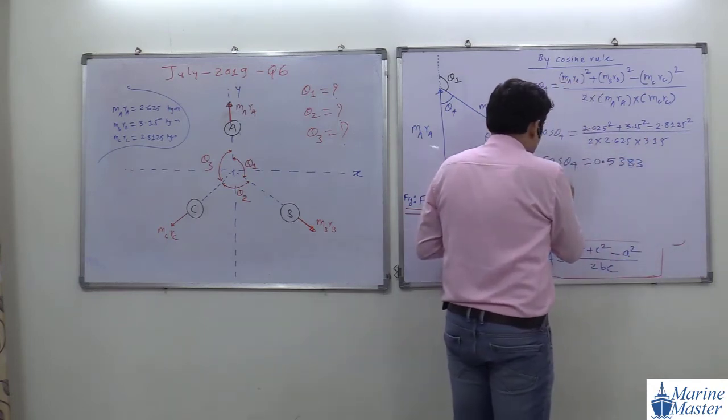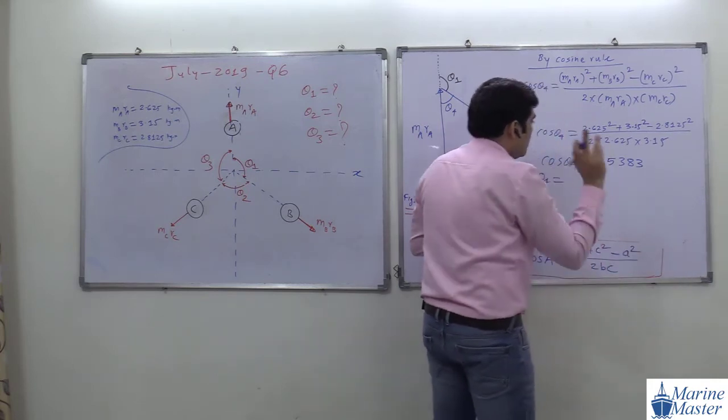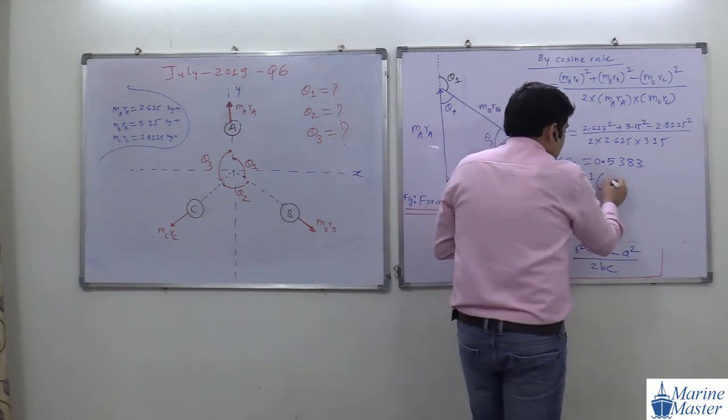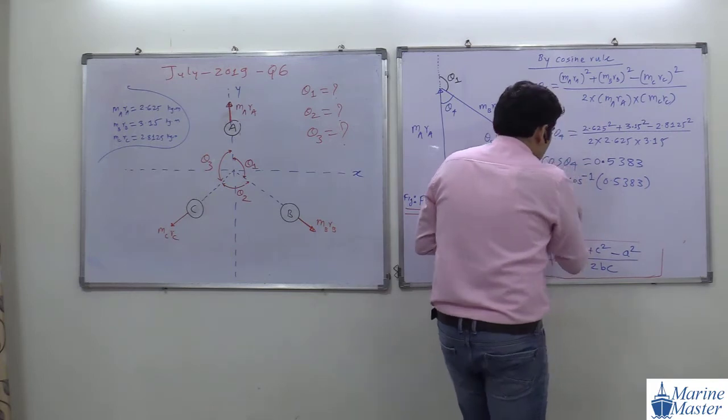Okay, so theta 4 will be equal to what? What will be the value of theta 4? Cos inverse of 0.5383. Okay, so what is that?